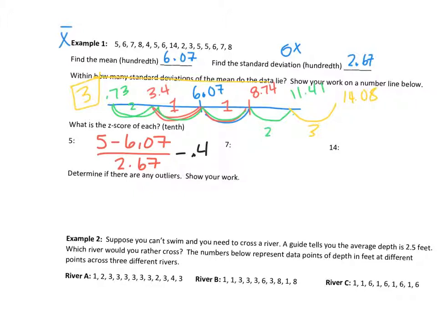It's a negative number, which makes sense because 5 is less than the mean. Then I'm going to do 7 minus 6.07, divided by 2.67, and I get 0.3, approximately, rounding. And the last one, 14 minus 6.07 divided by 2.67, I get 11.7.